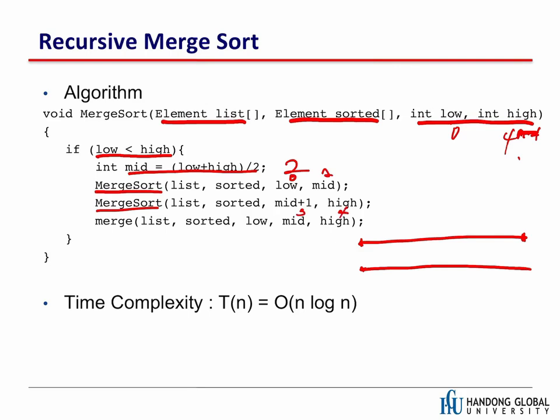So we call this merge sort twice. The first one is focusing on the left side, and the second one is focusing on the right side. By merge sort, we assume that the left side is sorted and the right side is sorted, and then we can call this merge function. This is it. This is enough to sort.